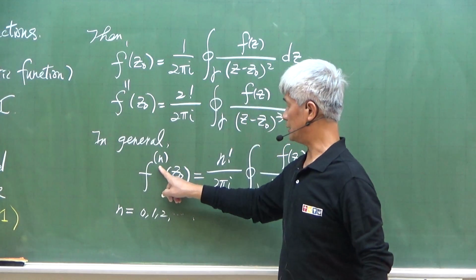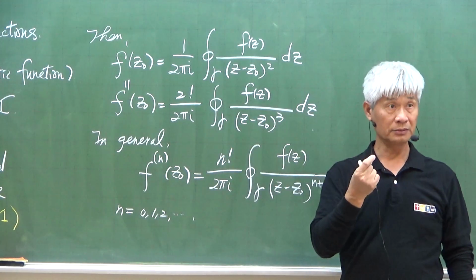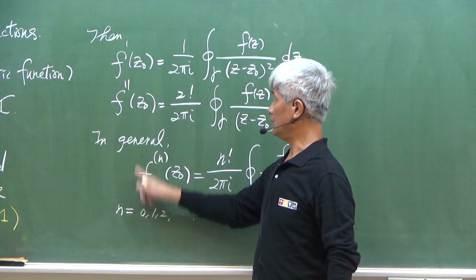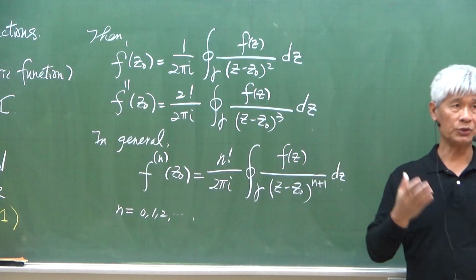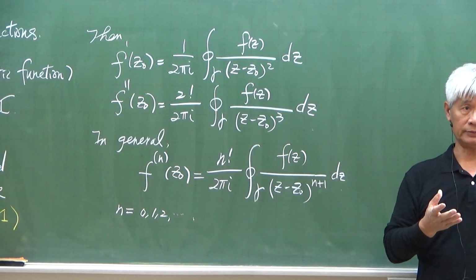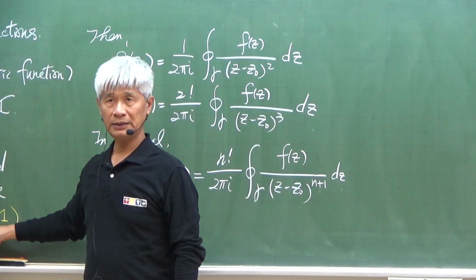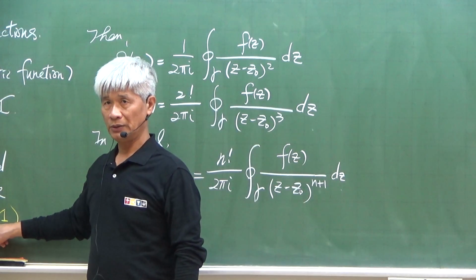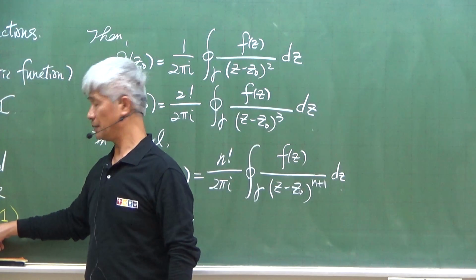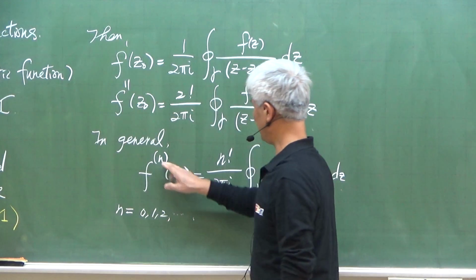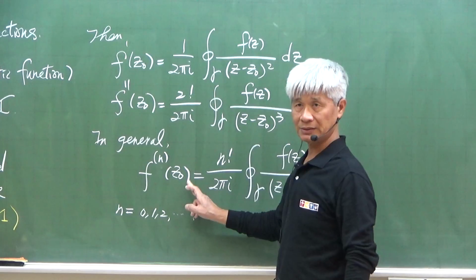If n is 0, actually this is just the function itself, right? So when n is 0, it is the Cauchy integral formula itself, because the index of z0 with respect to the simple closed path gamma is equal to 1. Remember, if n is 0, we have to put the index in, right?